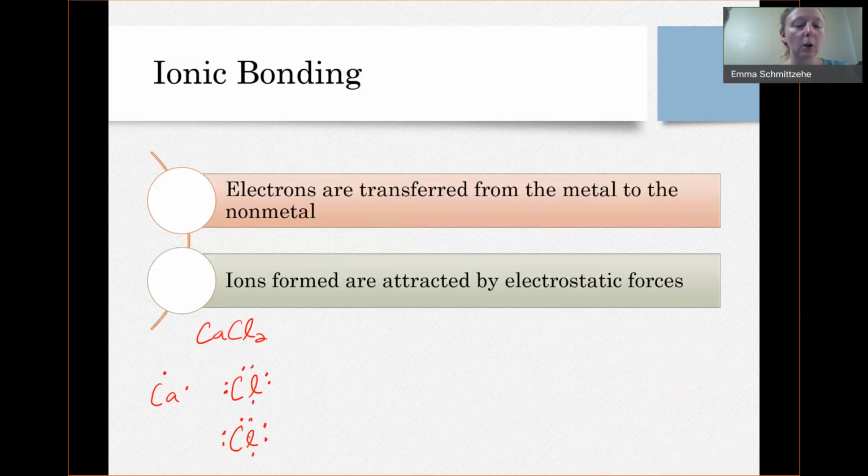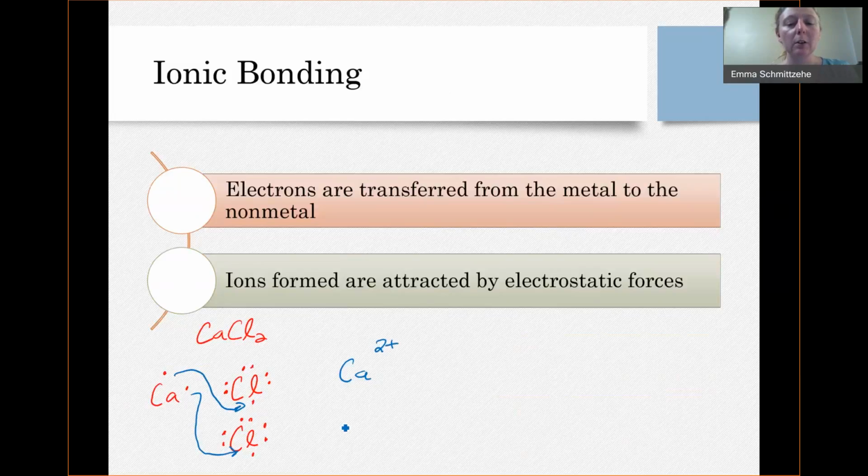Each of those chlorines is missing an electron, and calcium has 2 electrons it would like to give up. So the calcium will give 1 electron to one chlorine and 1 electron to the other chlorine. This is what happens first, and what you get then is calcium with no electrons, so it has a 2+ charge.